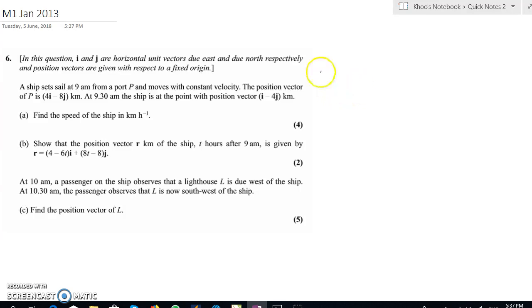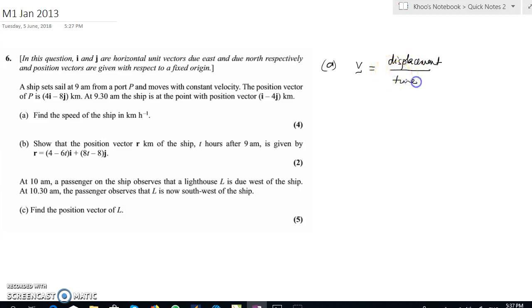So quite straightforward. Let's look at the definition for velocity. Speed is really change in distance over time, but velocity is actually displacement over time. That's the key word here. Displacement over time.